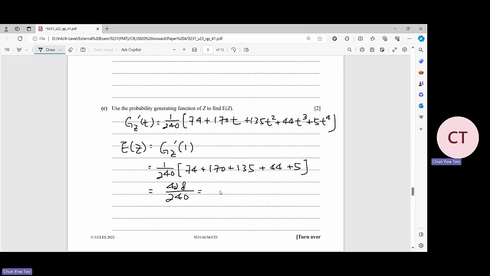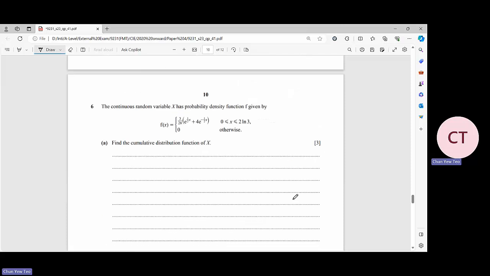Then you can simplify it, becoming 107/60. Or you can give it in decimal to 3 significant figures. That will be the answer. So this is the answer for part C. Done, and move on.